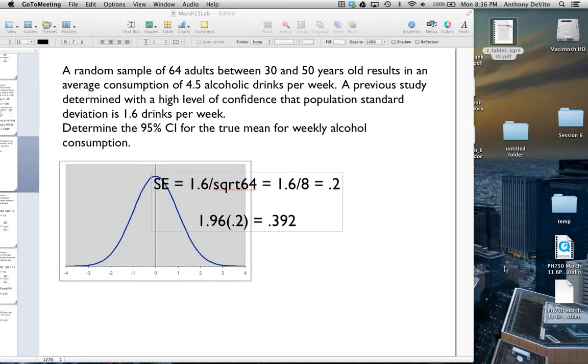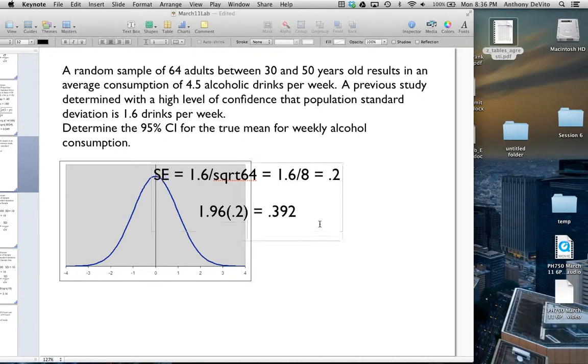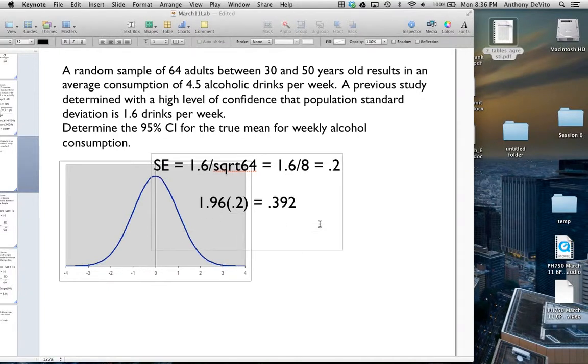Okay, and the most popular answer there was 4.008 to 4.89. Let's see if that's correct. Our confidence interval is going to be equal to x bar, which in this case was 4.5, the average for the population, plus or minus the margin of error.